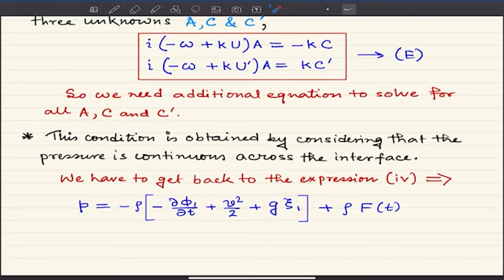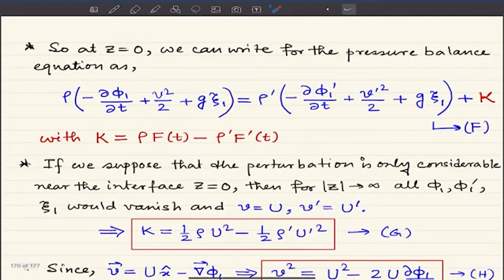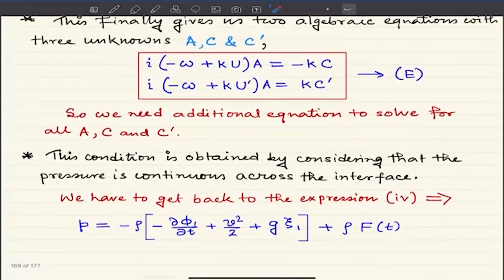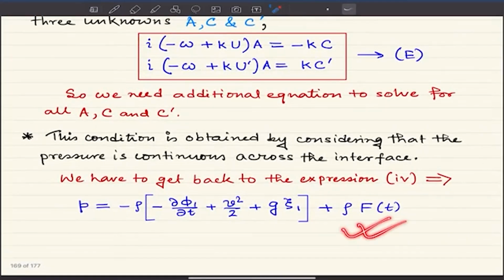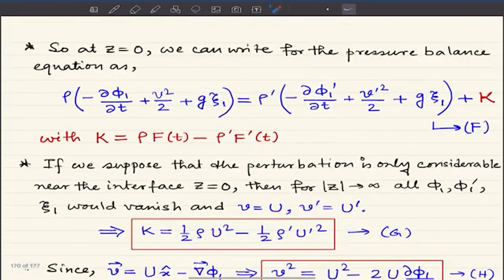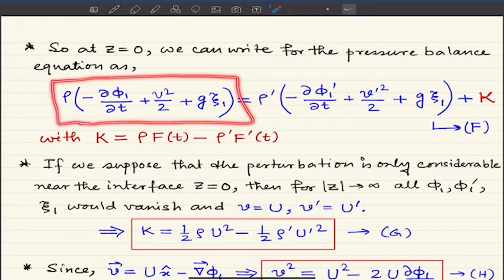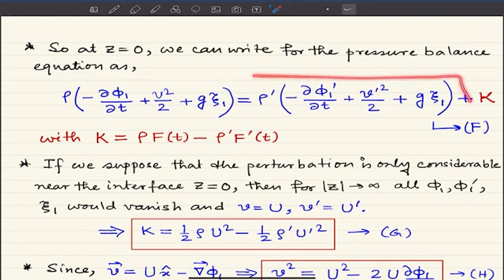This is true for any point. Now, for our current analysis we are interested in z is equal to 0, that is the interface, and we can write the pressure balance equation. This is the pressure at the interface due to the fluid below the interface, and this is the pressure at the interface due to the fluid above the interface.